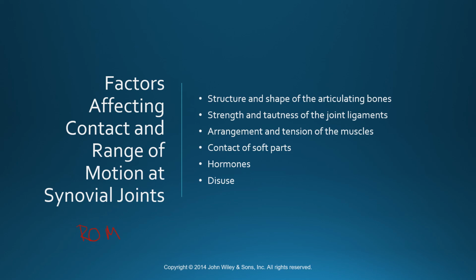There are several factors that contribute to keeping the articular surfaces in contact and also affect the range of motion. First off, we have the structure and shape of the articulating bones. This is when the shape of the bones determines how closely those bones can fit together. So this is going to be a direct physical limitation.